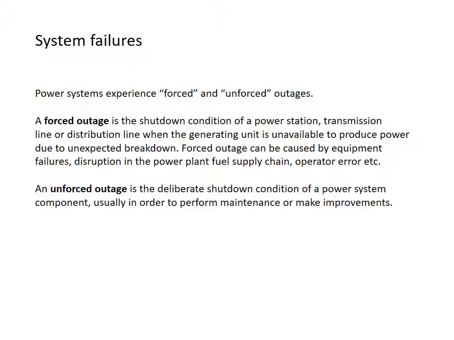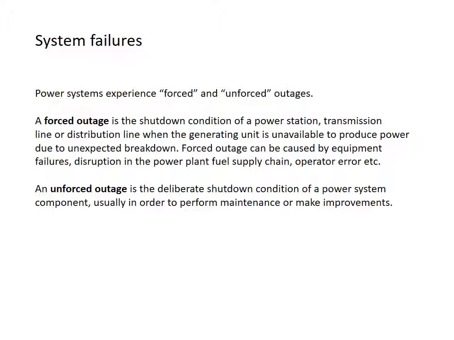Within the context of electric power systems, we're talking about the failure of specific components, and so there are three main classes of infrastructure in electric power systems that we would talk about. It's a little more complicated than this, but we generally lump things into generation, transmission, and retail distribution.